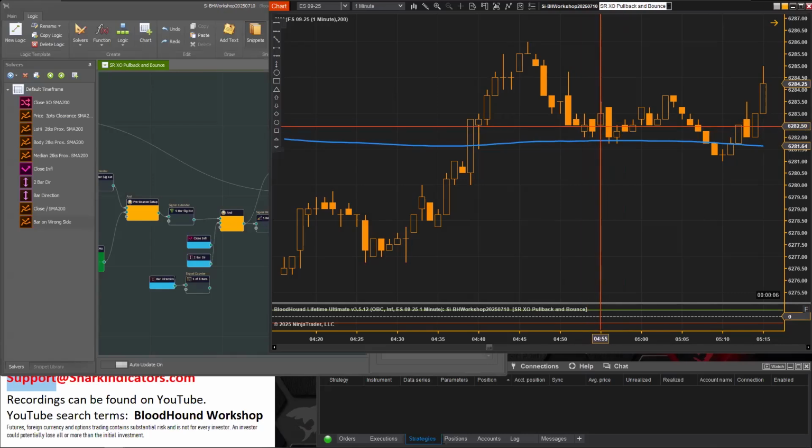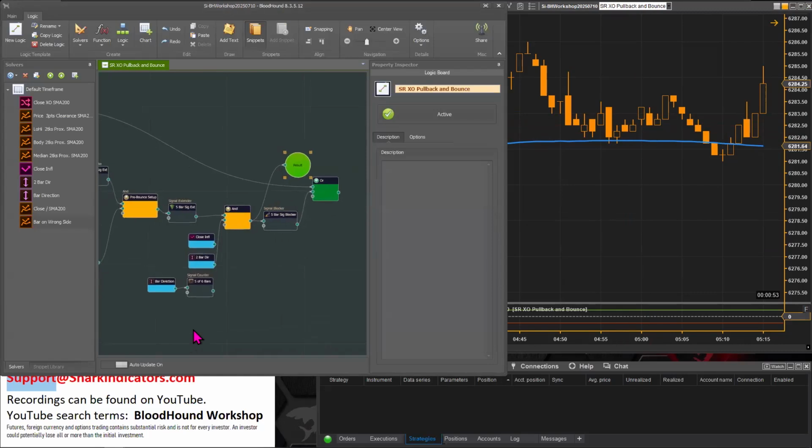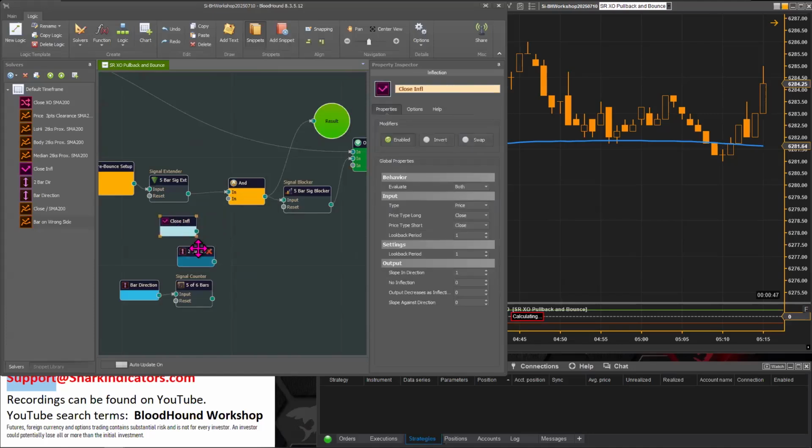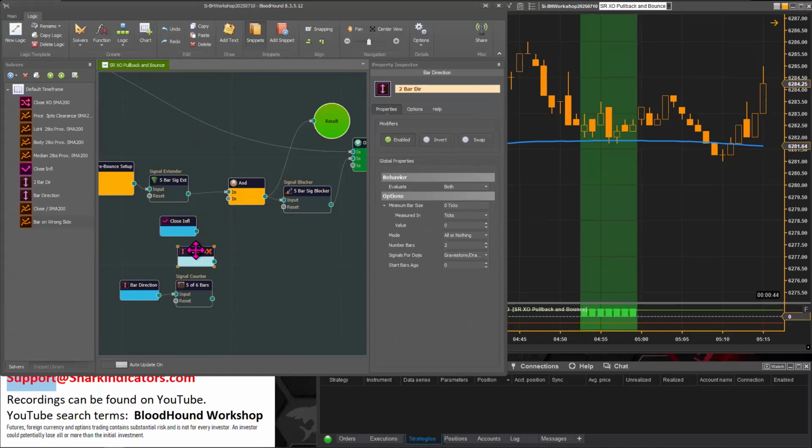That's because we just have a bunch of choppiness: up bar, down bar, up bar, down bar, up bar, down bar, up bar, up bar. So it took quite a while before we actually got the 2 up bars. Depending on what you want to require, I had the 2-bar requirement, the 2 up bar requirement.